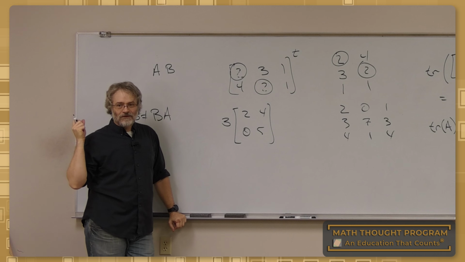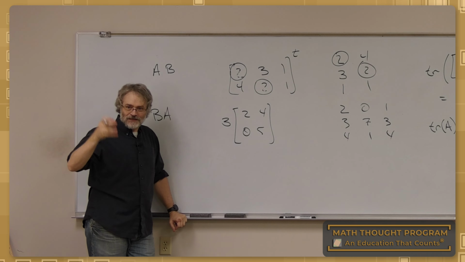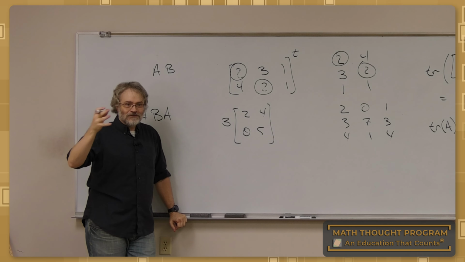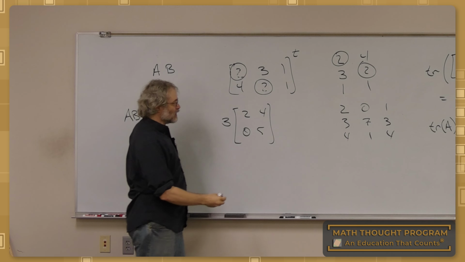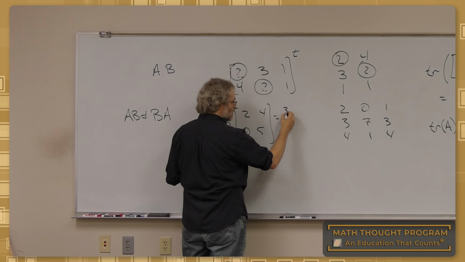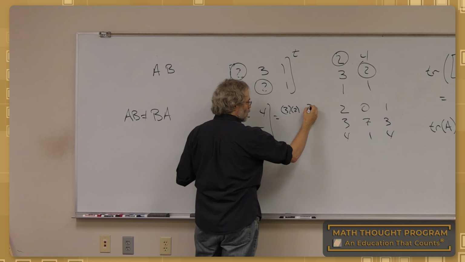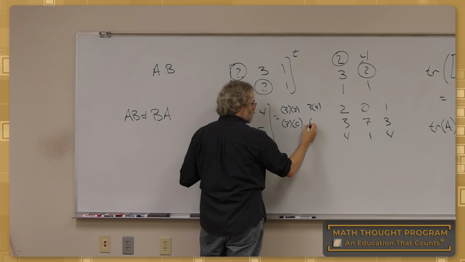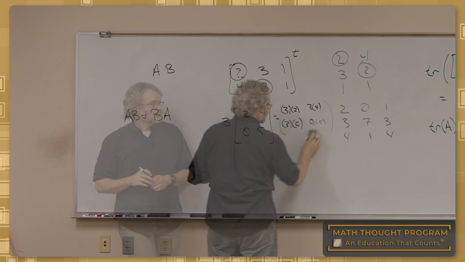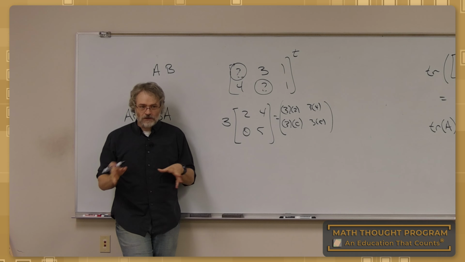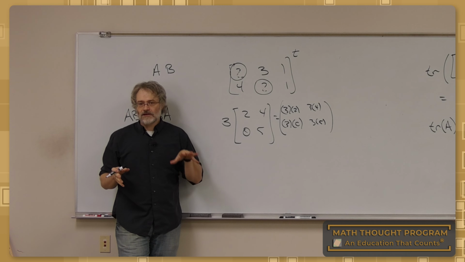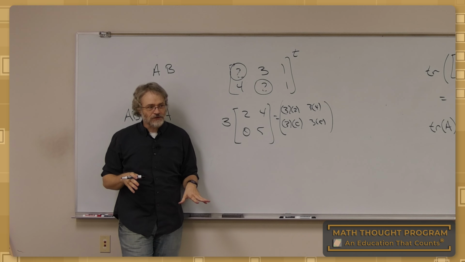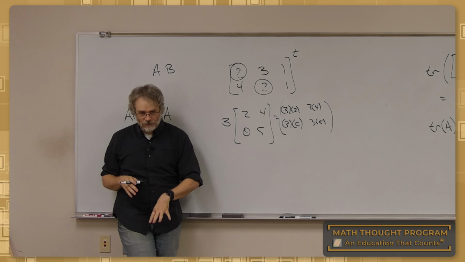First component with first, second with second, third with third, fourth with fourth. And what that amounts to is 3 times 2, 3 times 4, 3 times 0, and then 3 times 5. So in other words, when you scale a matrix, you scale every single entry within the matrix to get your new matrix.